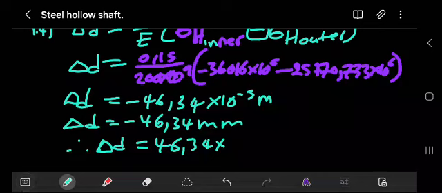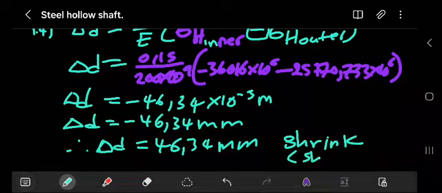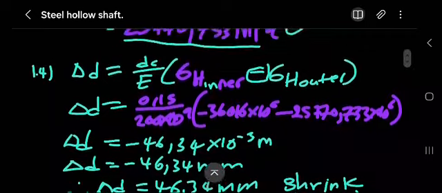Then the compressive shrinkage reduced, or this was shortened. The negative showing that it was shortened. Shrink. So yeah, this is what we have, guys.